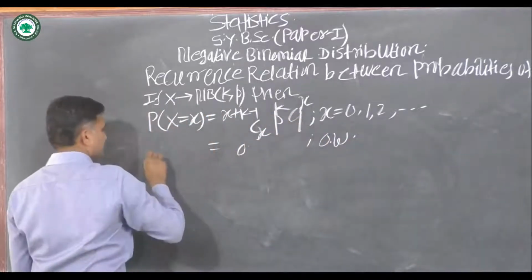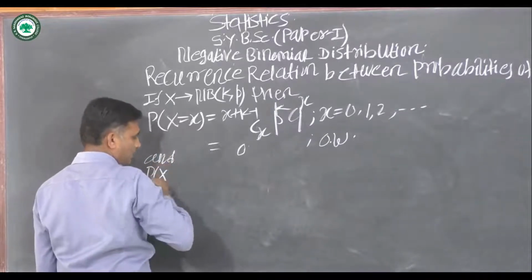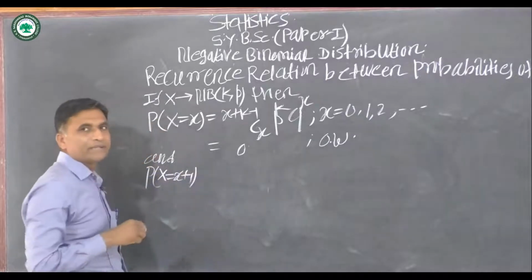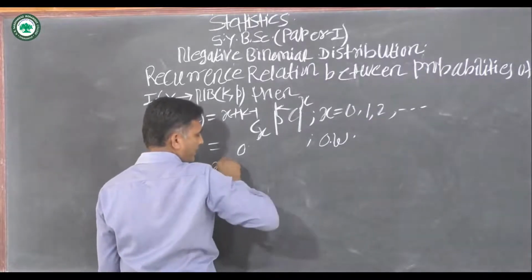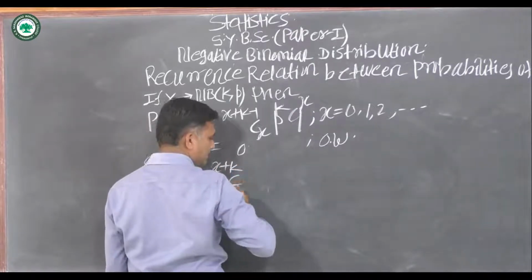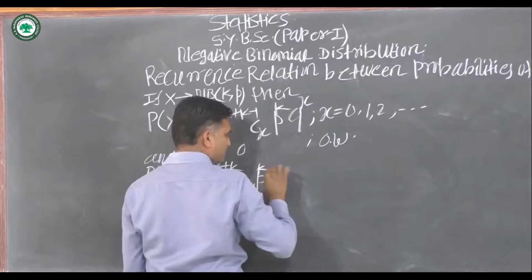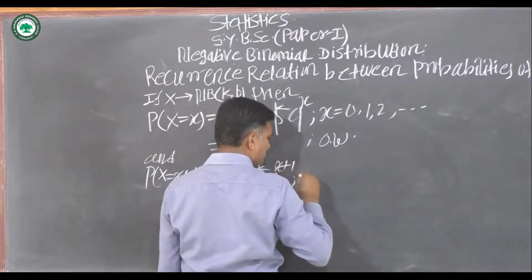and probability of X equal to x plus 1, which is equal to x plus k c x plus 1 into p raised to k into q raised to x plus 1.